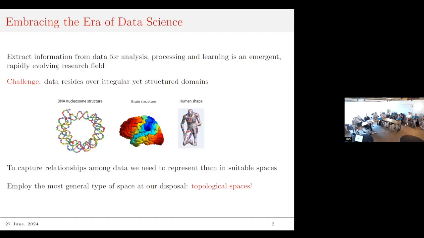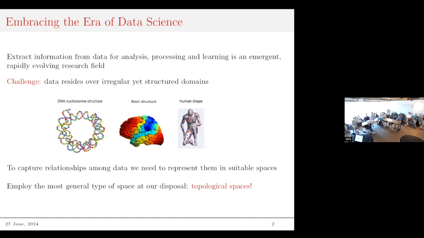Why is it a challenge to extract information from data? It is a challenge because data often reside over spaces that are not regular. The spaces cannot be represented in a simple way.